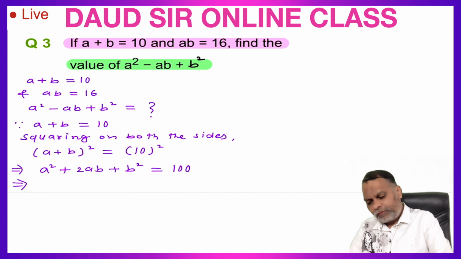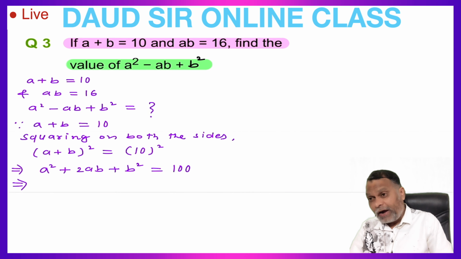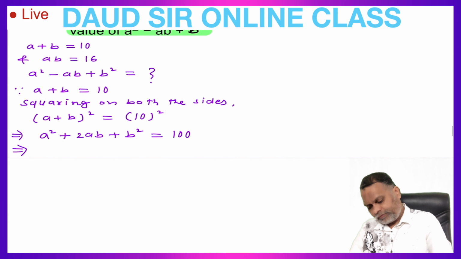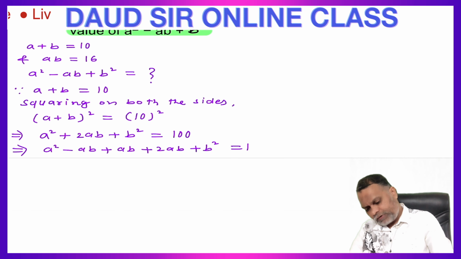Here we got a square and b square, but we need minus ab, and here we have got 2ab. So we can do minus ab and plus ab. So write this a square minus ab and plus ab plus 2ab plus b square is equal to 100.